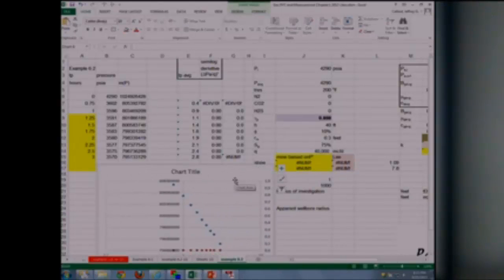Let's see if we can get our derivative plot up there. dP, the log of t.